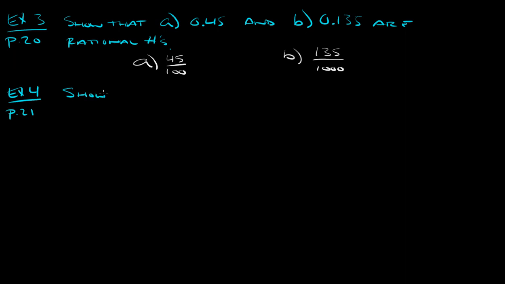Show that A, which is 0.777 repeating, B, which is 0.3636, also repeating, are rational numbers.